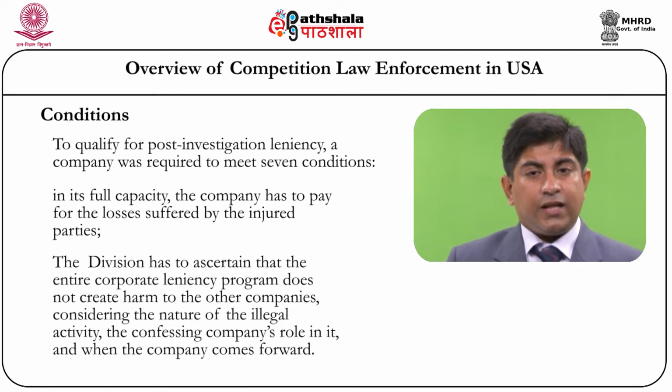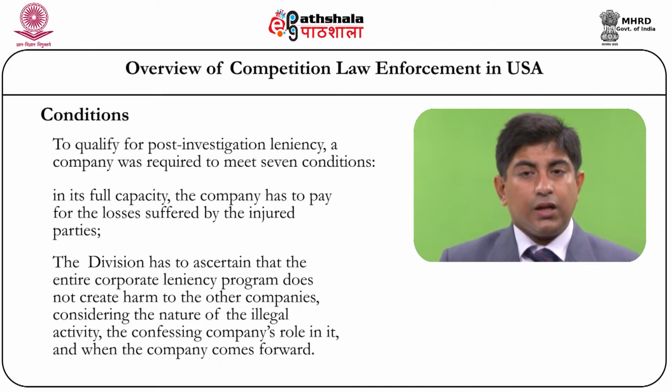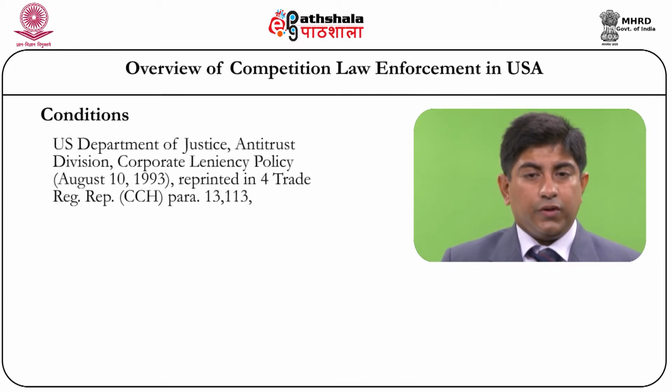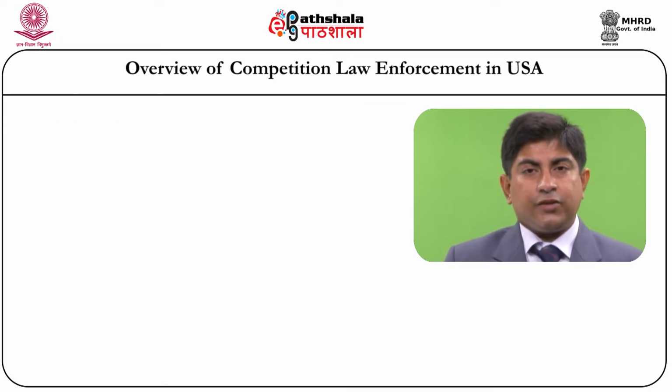Also, the division has to ascertain that the entire corporate leniency program does not create harm to other companies, considering the nature of the illegal activity, the confessing company's role in it, and when the company comes forward. Now, the US Department of Justice had mentioned and given absolute details in the context of how the amnesty program works. The next question in the context of antitrust issues includes abuse of dominance.